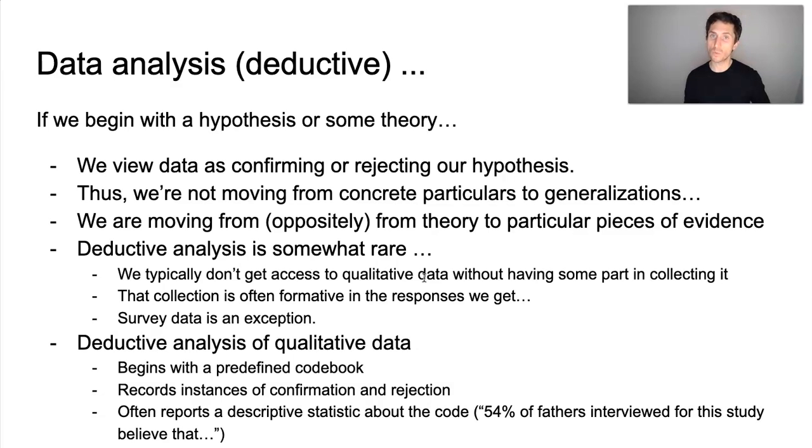Sometimes when we see descriptive statistics used around the coding of, say, open questions on a survey, you'll hear something like a percentage of respondents. So if we go back to the example we have, we may say 54% of the fathers interviewed for this study believe that there's an internalization of blame for violence that leads to expulsions.